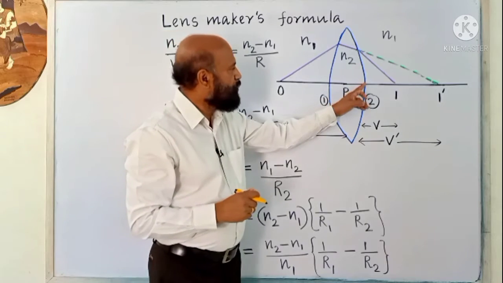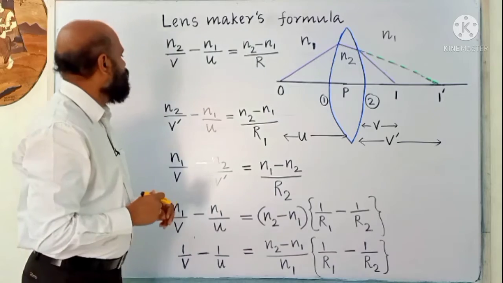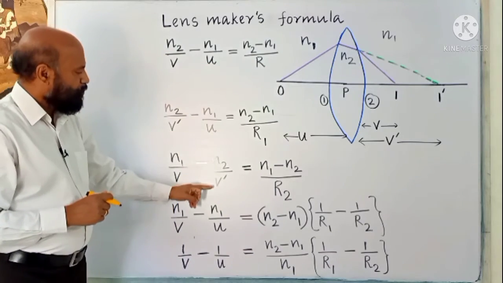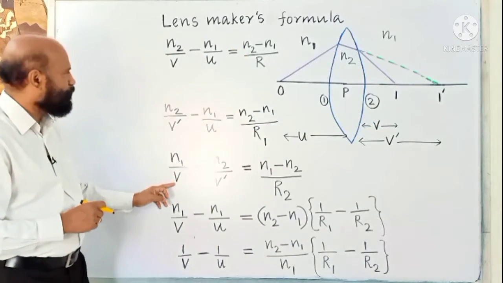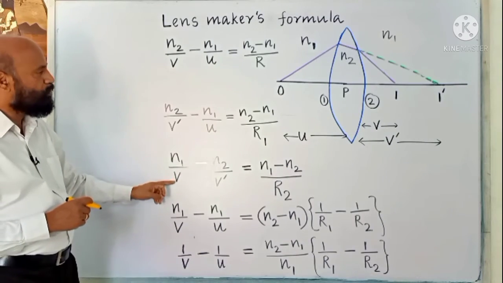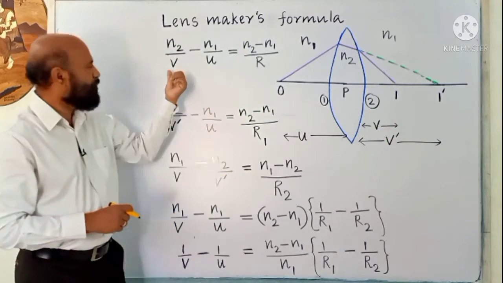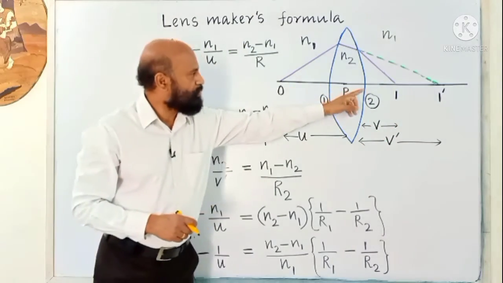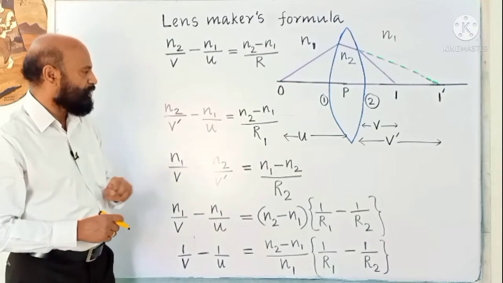For this surface, this is acting as the object, so instead of U we write V dash. The final image is formed here, so for V we take this distance.